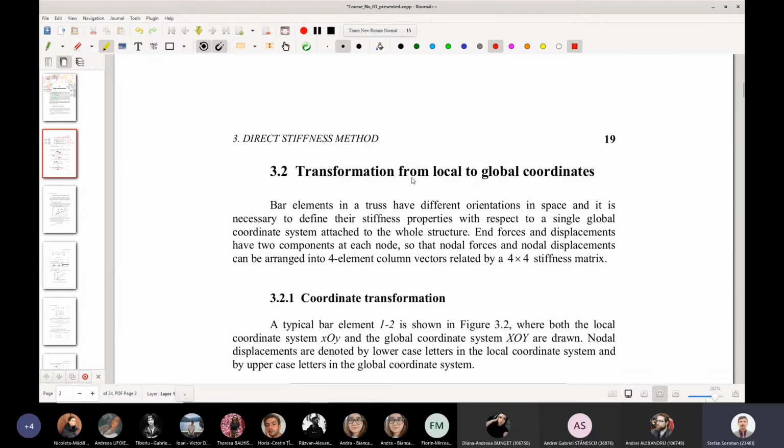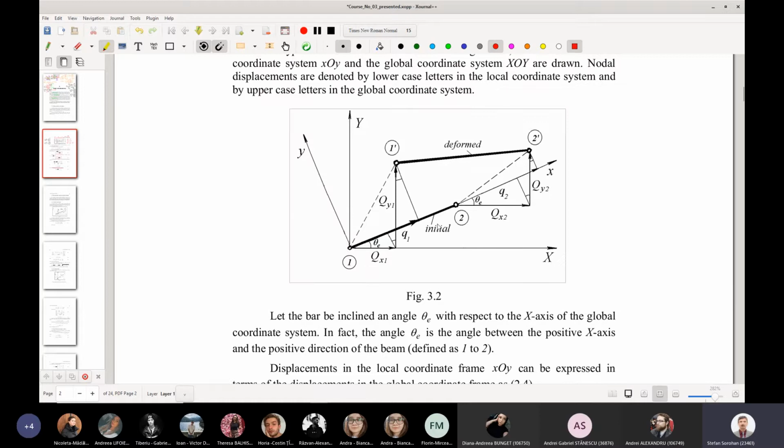This is the idea. And for that, we need to use the transformation from local to global coordinates. And for that, again, please put the typical bar in initial position and also in deformed configuration here. And if we identify the displacement in local system of coordinates, this is Q1, this is Q2 here. This is Qx for node I or node 1, this is Qy.